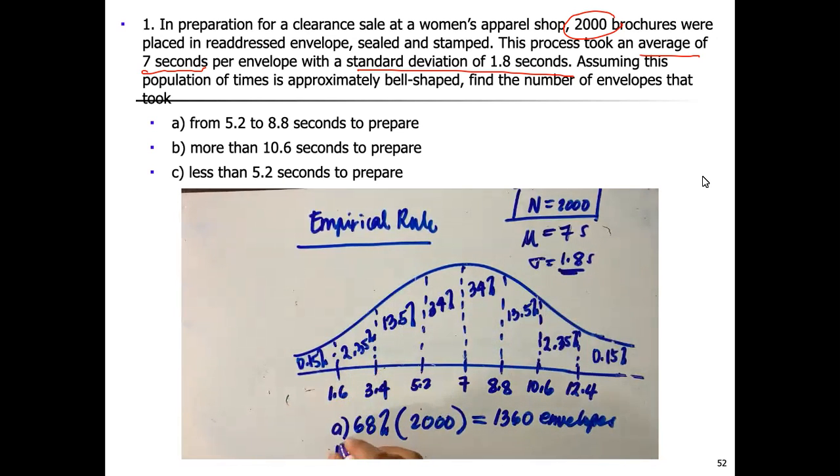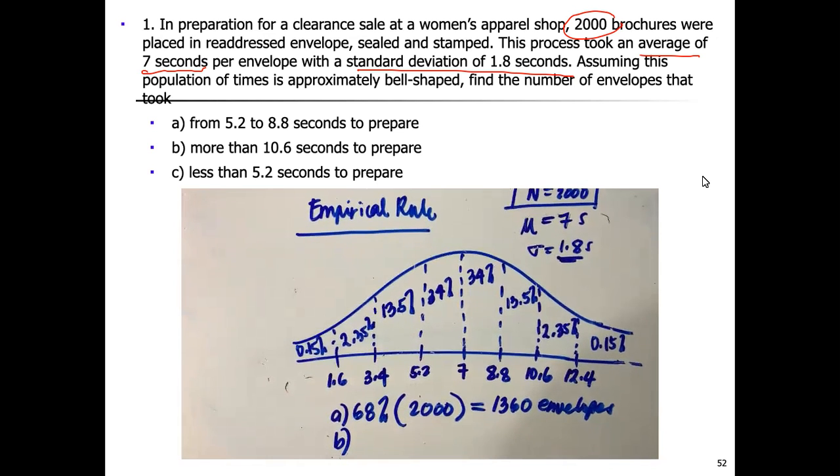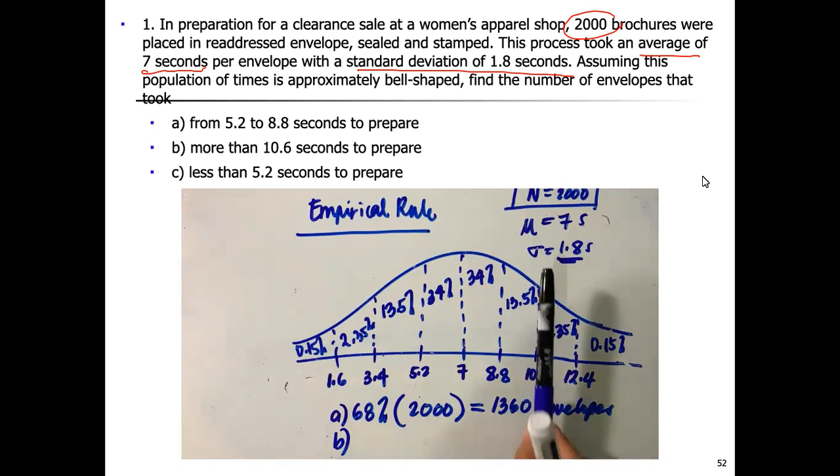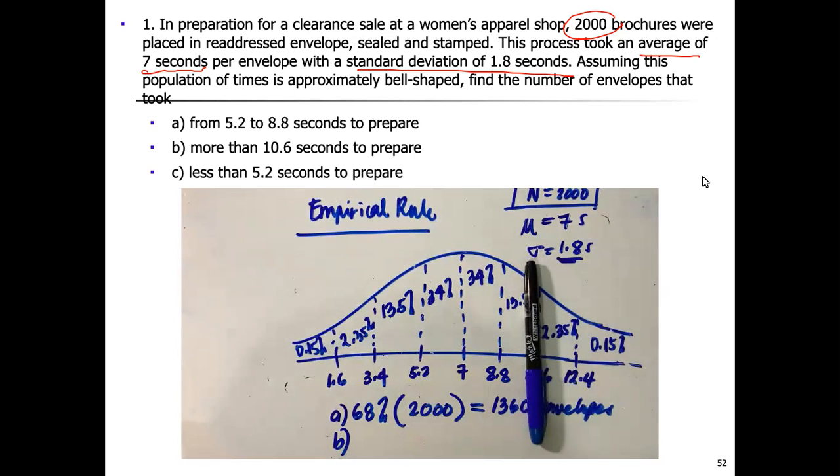Alright, let's proceed with letter B. We are looking for the number of envelopes that took more than 10.6 seconds to prepare. So 10.6 is here. When I say more than, I'm going to get the percent to the right of that. So I have 2.35% plus 0.15%.